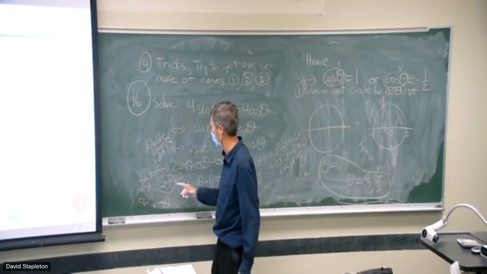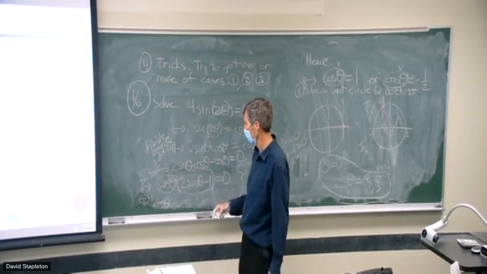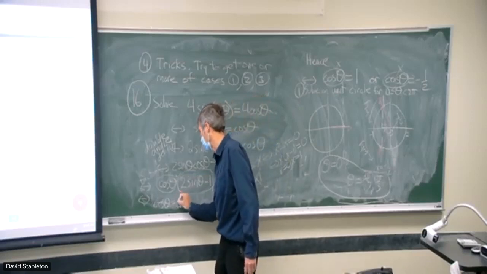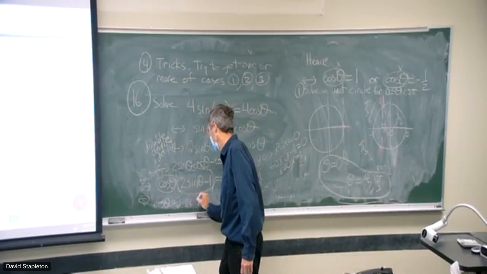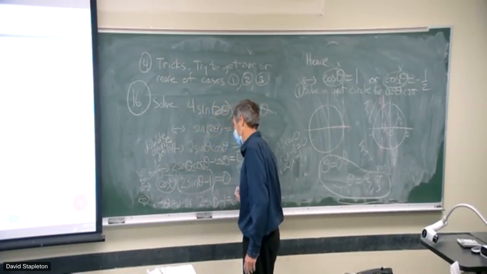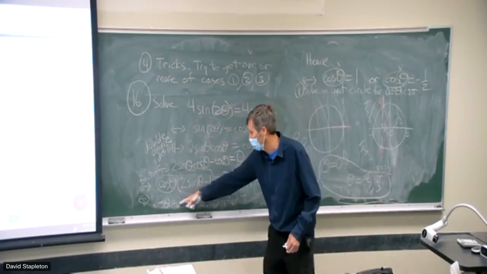Factors are things that are multiplied together. So this is a factor and this is a factor, and their product is 0. Cosine theta equals 0 makes the product equal 0, or 2 sine theta minus 1 equals 0 makes the product equal 0. So this equation here is equivalent to these 2 equations.